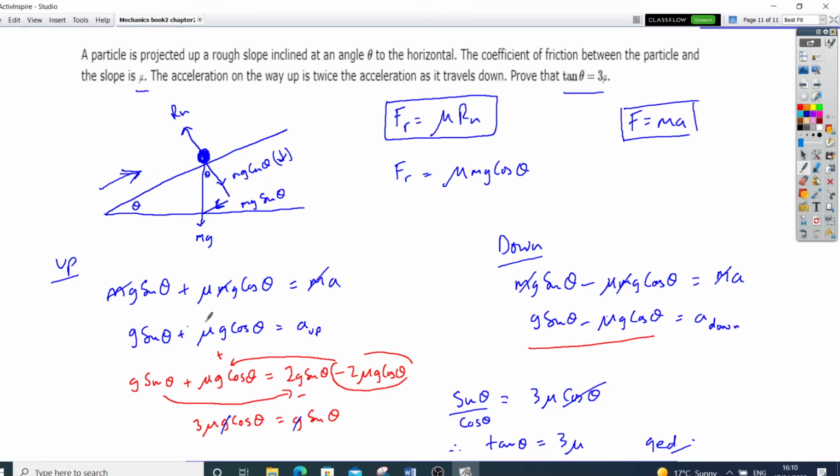Both were going against the initial projection, whereas when it came to a stop and came down, we only had that force coming down, and the friction was opposing it. So in one case friction was added on, in the other it was taken off, and when you balanced it out, you got the result.